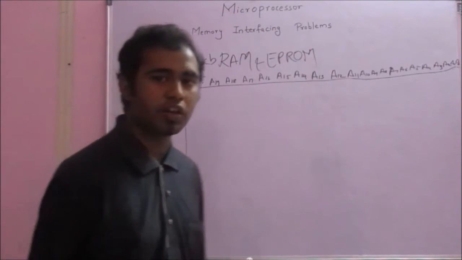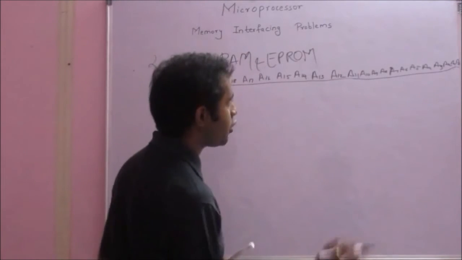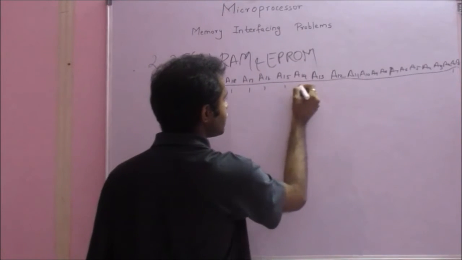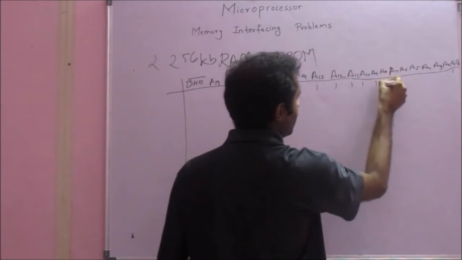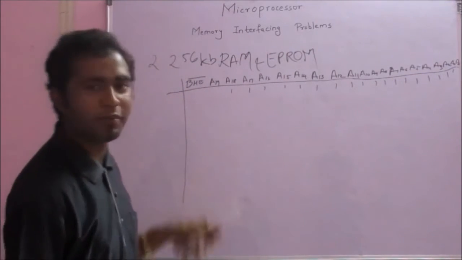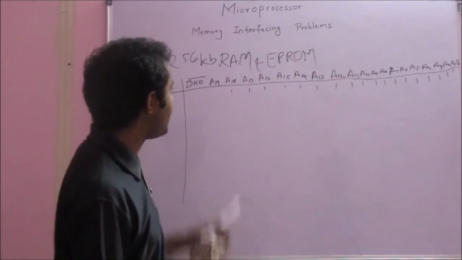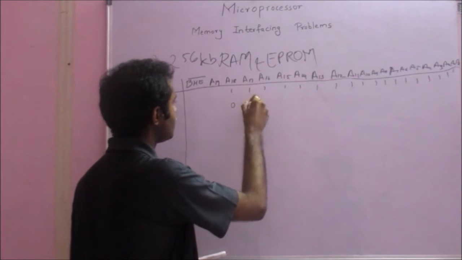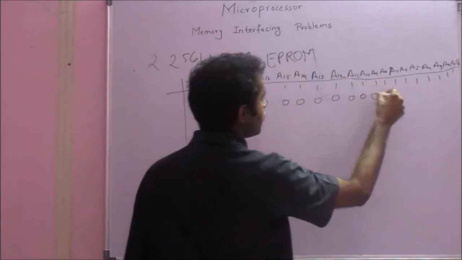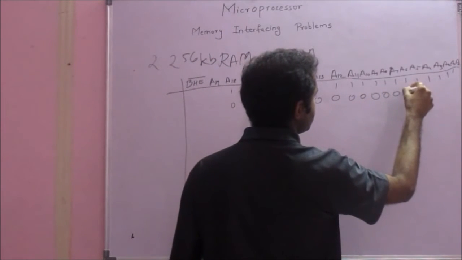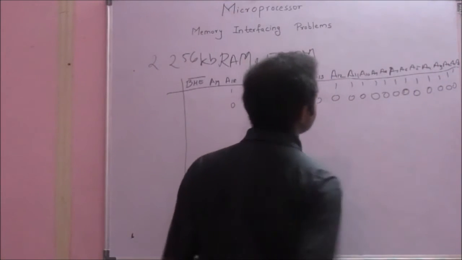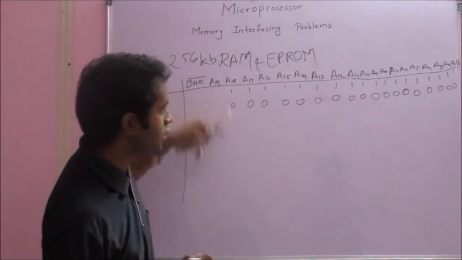As I said, the EPROM should contain FFFFF. So we draw ones from A1 till A18, all ones, and then it will go to all zeros.